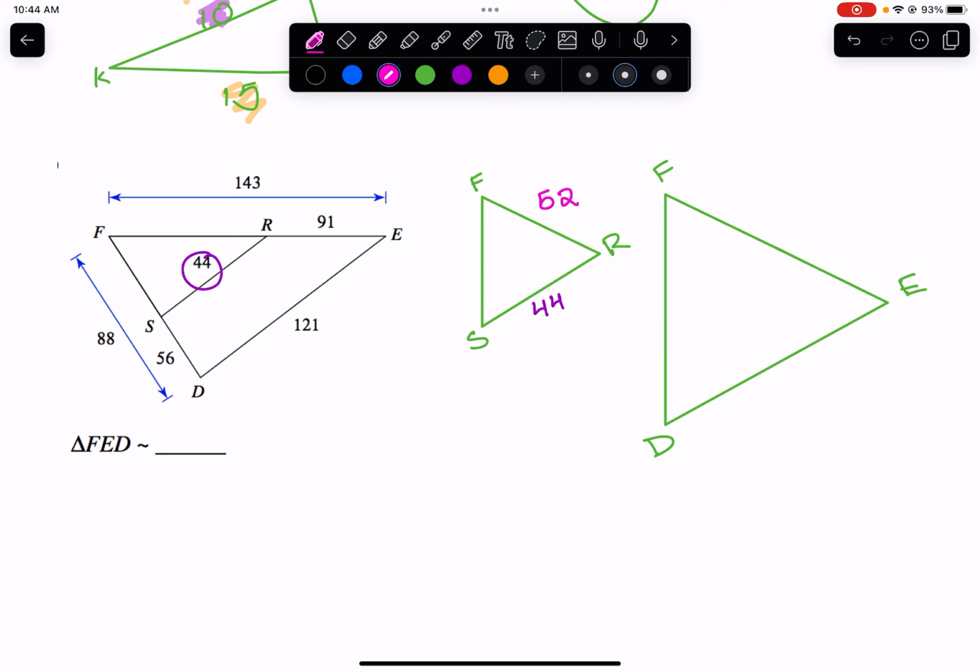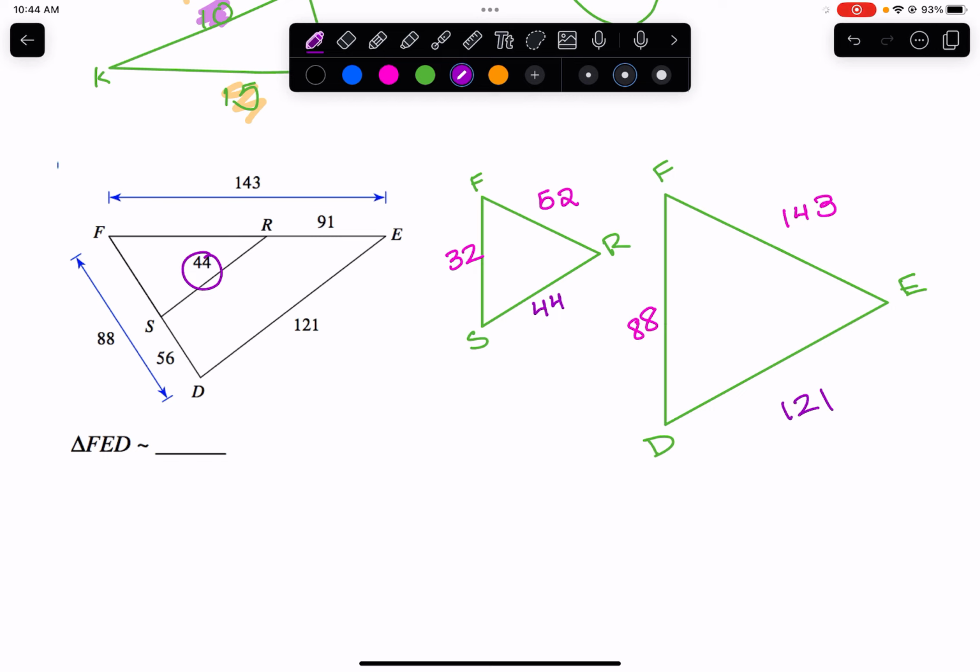That side will be 88 minus 56, which is 32. And then we have 88, 143, and 121. So we have to look for the scale factor, right?